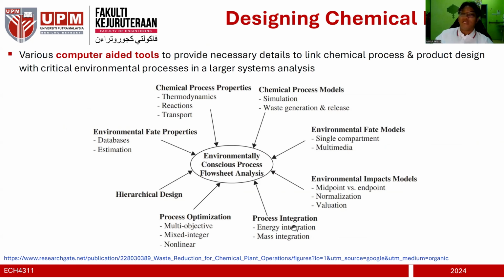For example, here, process integration, environmental impact. Properties here are also important, to make sure that you really mimic the actual process. If you use the wrong thermodynamics, it does not really describe the correct behavior of the chemical mixtures under a certain process condition.